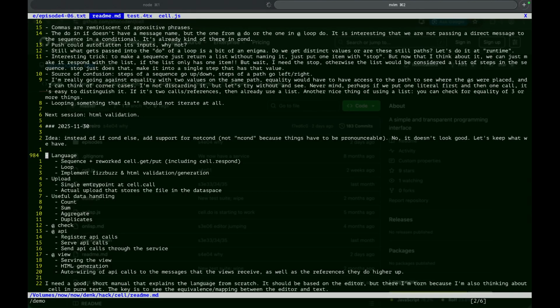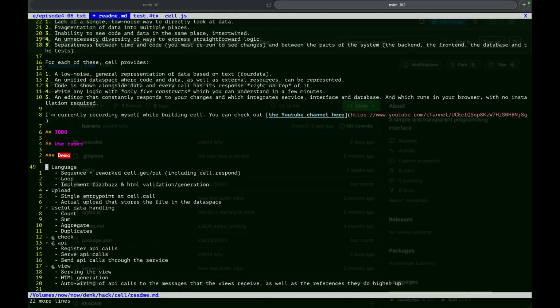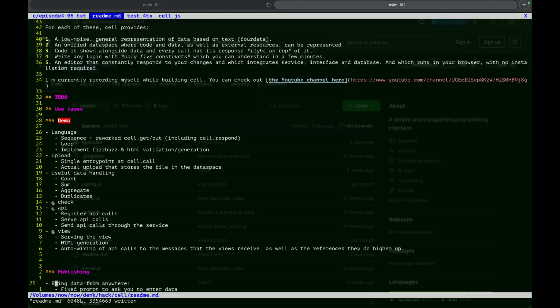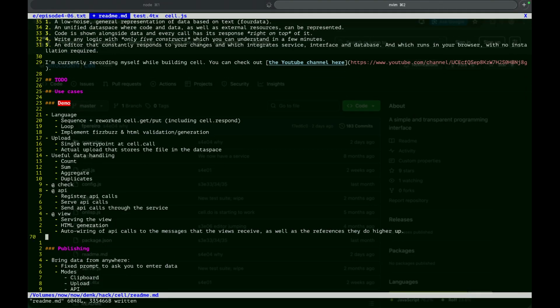And this should be working. So we get the language there, then we do upload, data handling, add check, API, and view. How am I not taking an entire year to do this at the rate that I'm going? That's a very difficult question that I'm facing right now.